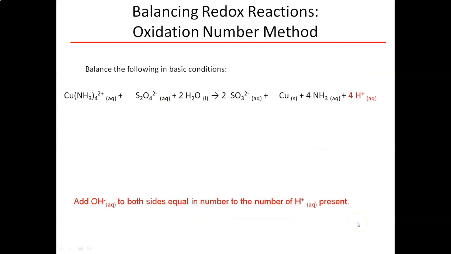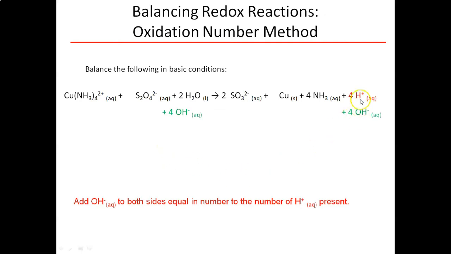Now, this would be my balanced equation, except we set out at the beginning that it's basic conditions. And we know that if I have hydroxide and protons, they're going to react to form water. So for each proton, I'm going to add 1 hydroxide. But because this reaction is already balanced, I'm going to add hydroxide to both sides, so that I maintain my balancing.